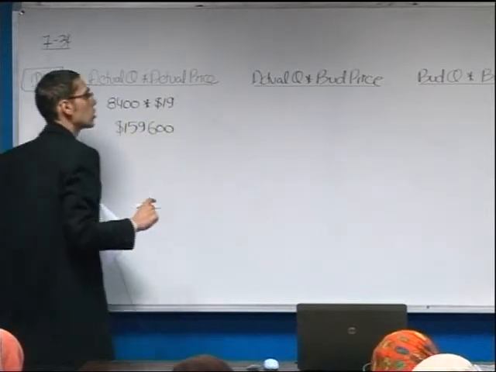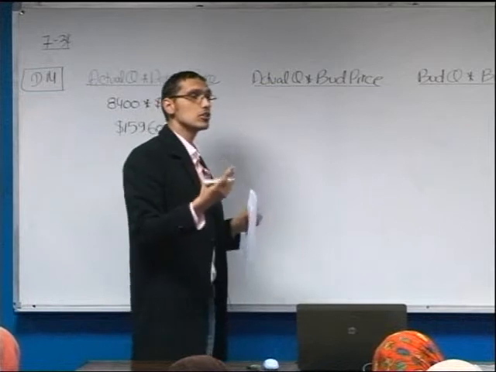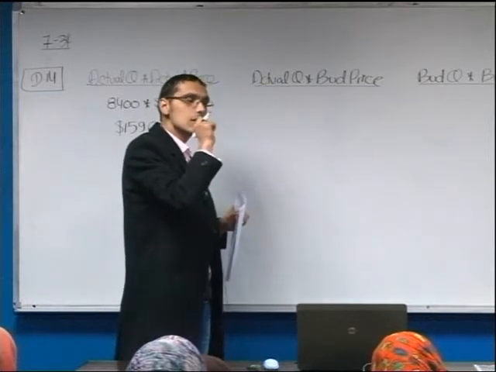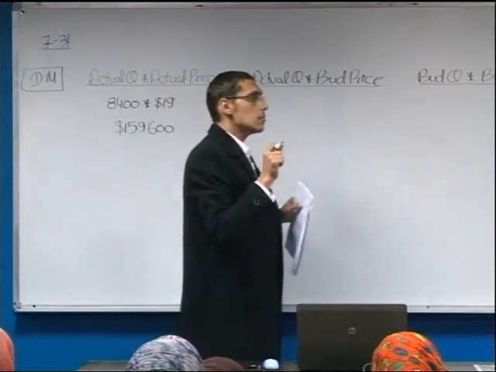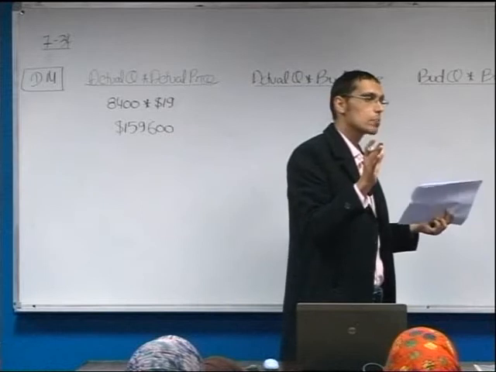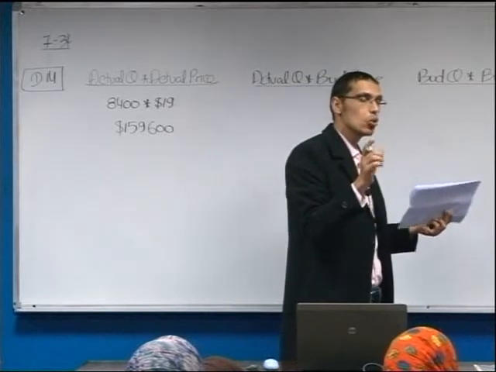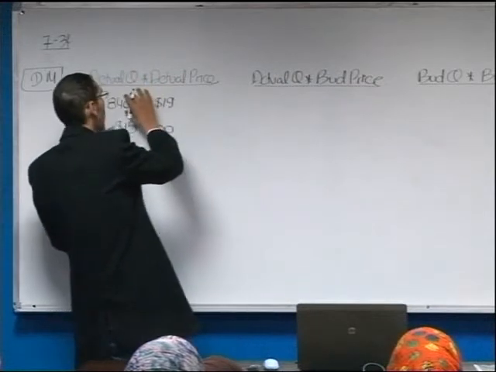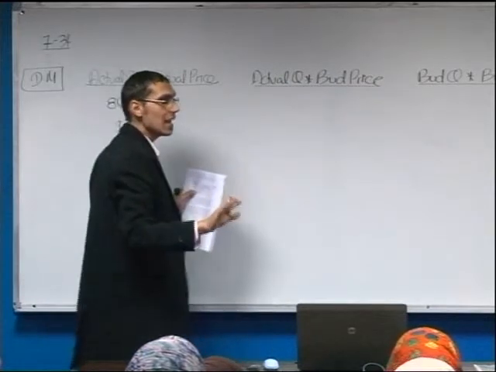This is the actual cost. Now, in order to have only one variable in order to calculate our price variance, we need to change only the price. The quantity should stay the same.